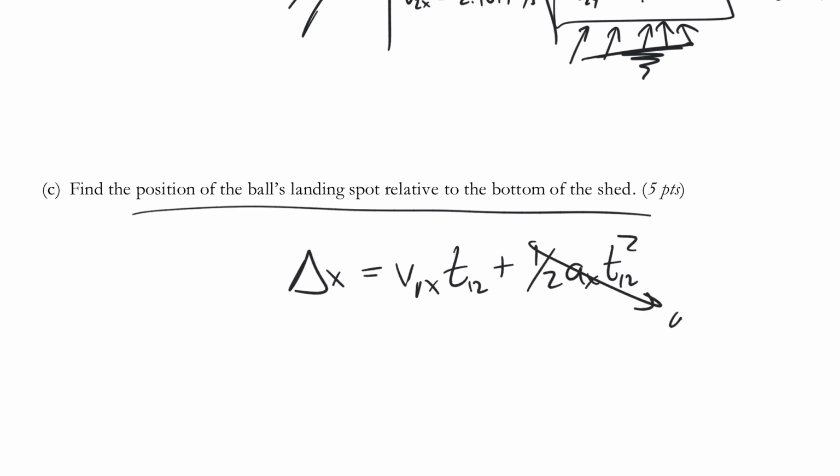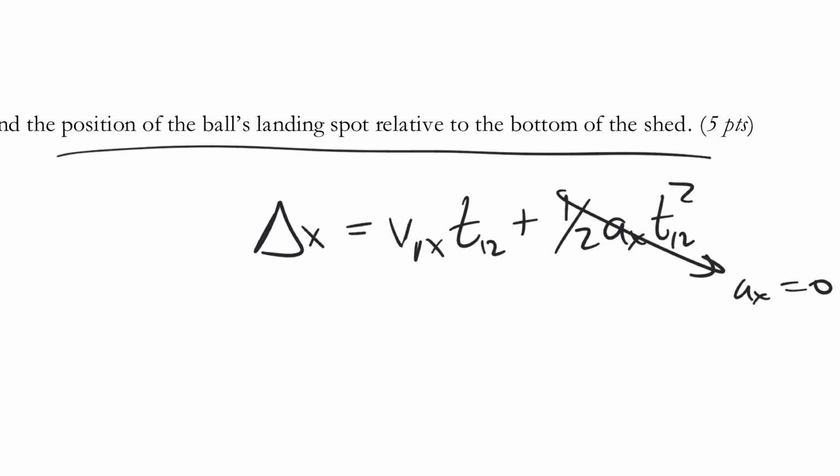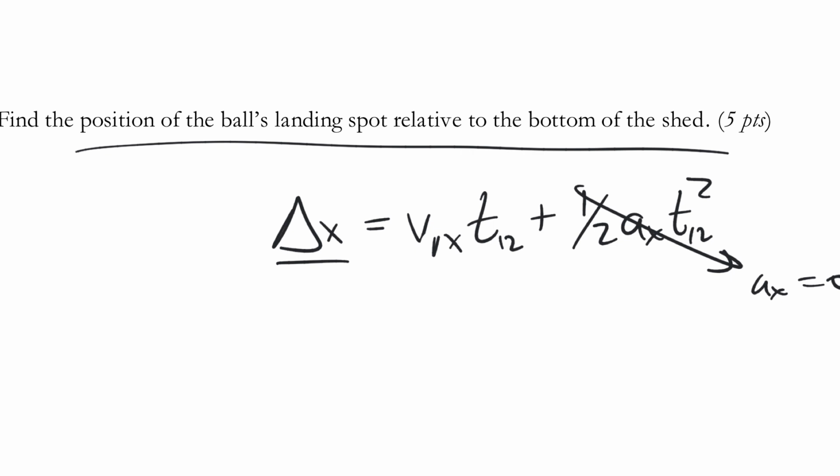This goes away because ax is 0, so we're not worried about that. And I can use delta x or x2 interchangeably because the initial position is at x equals 1. So I'm just going to call this x2 because I could say minus x1, but remember x1 is 0, right? So that's always nice.